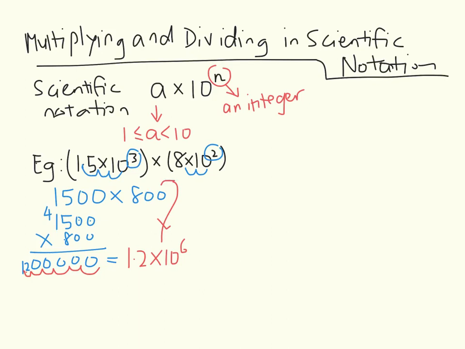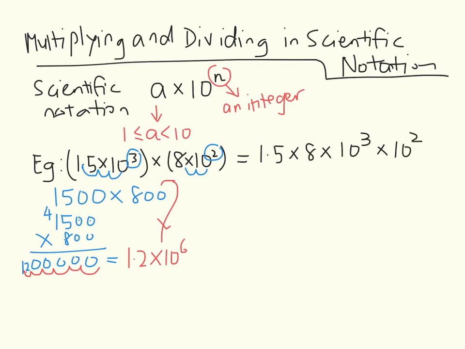Now let's look at how we can simplify this product using what we know about scientific notation. I can rearrange this as 1.5 times 8 times 10 to the third times 10 squared.